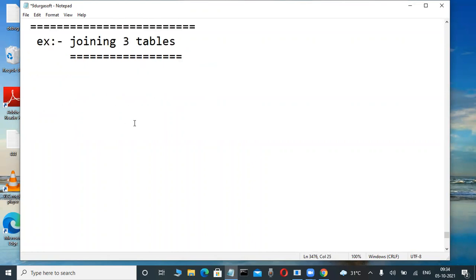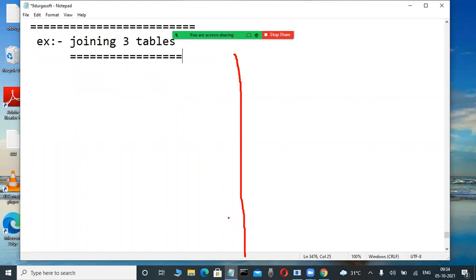Now concentrate here. What is the syntax of 8i join? Don't write it here. 8i joins are Oracle joins, very easy, used up to 9i. How are we joining three tables? Observe today's syntax. Select star or a number of columns, the columns you are interested in displaying, or functions, anything.